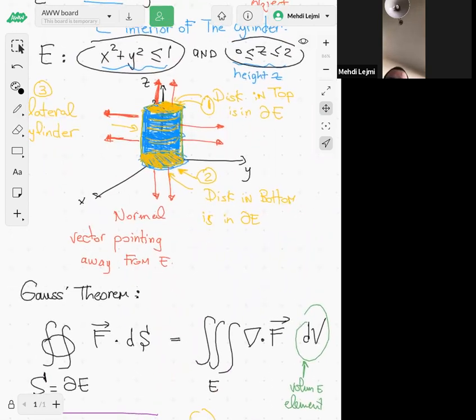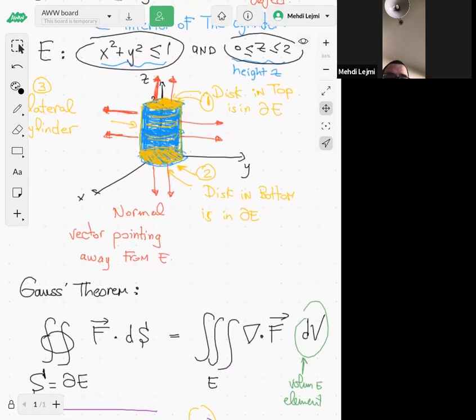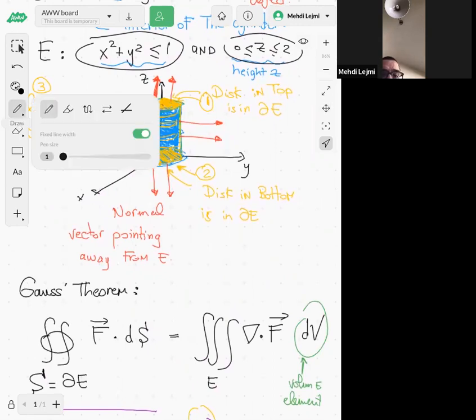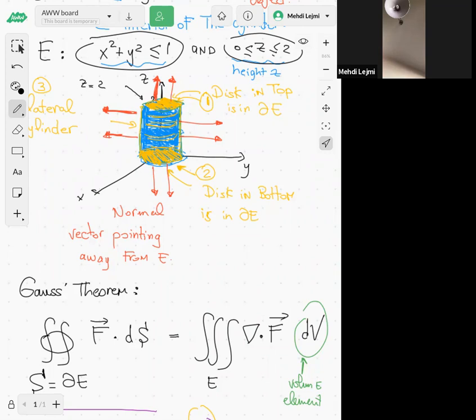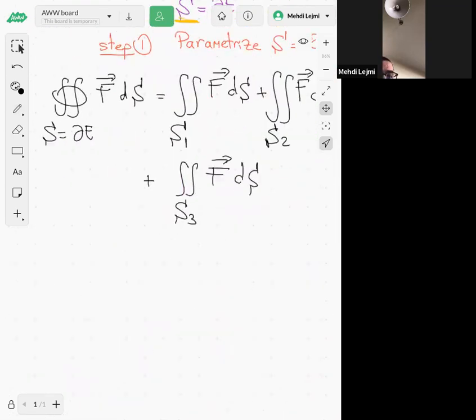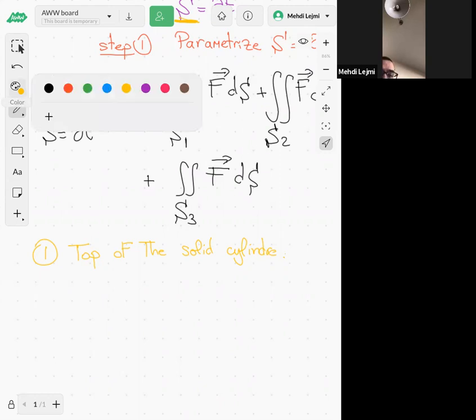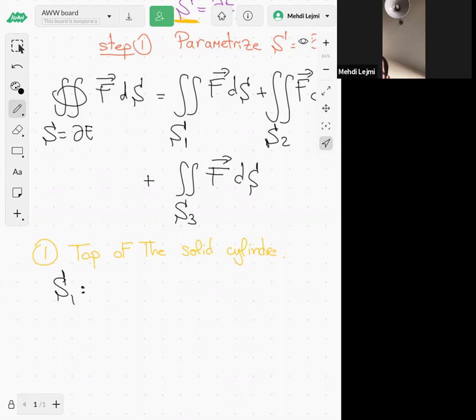So how can we parameterize the top? What's the top? The top is just the disk which lies on the plane z equals 2, because that's the height, the level z equals 2, and we have the interior of the circle x squared plus y squared equals 1. So this is S1, the top of the solid cylinder. The top z is 2, and it's a disk, the interior of the circle x squared plus y squared equals 1.